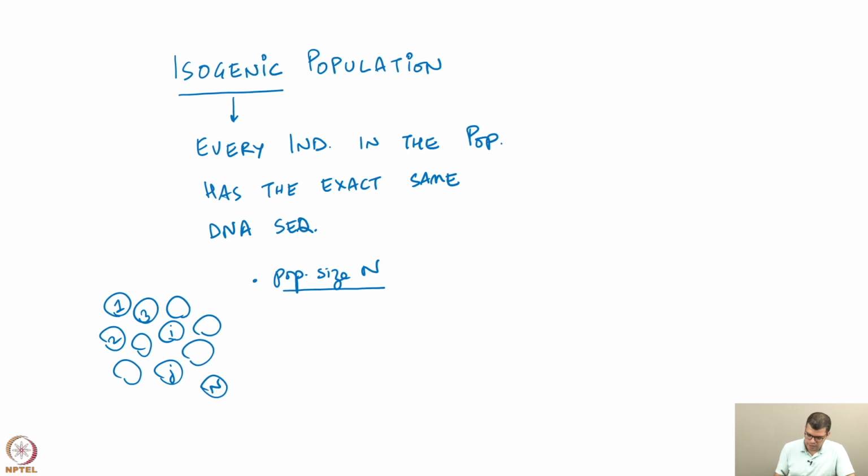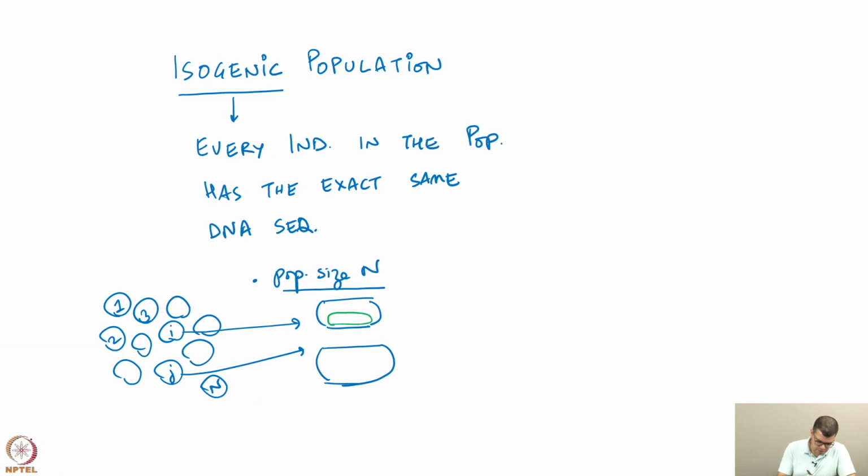So in an isogenic population, let's imagine that we take individual number I and individual number J. These are bacteria. So let's say this is I, this is J. Let's also represent their DNA sequences.